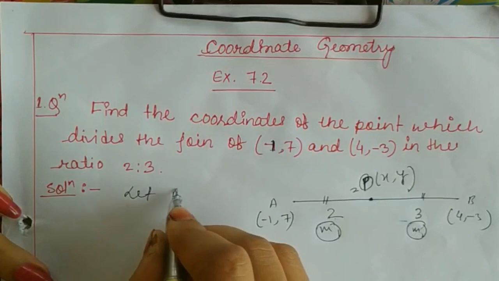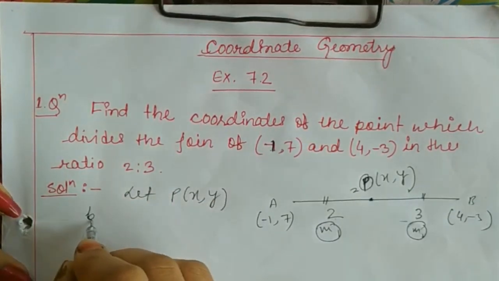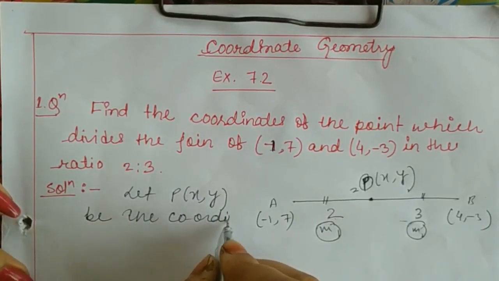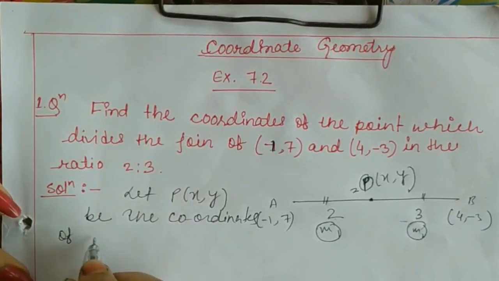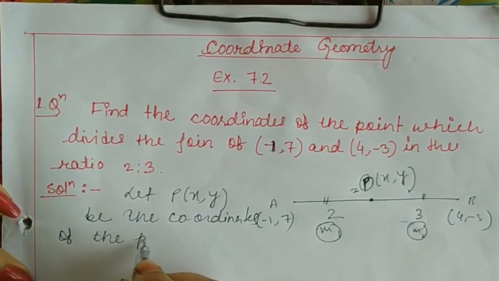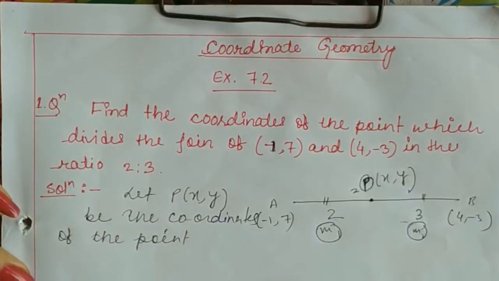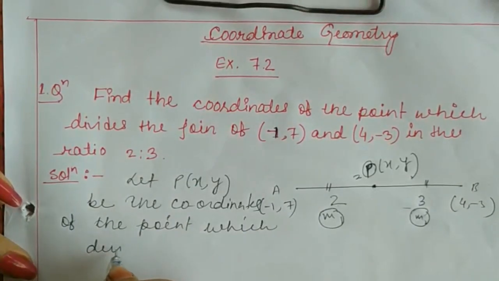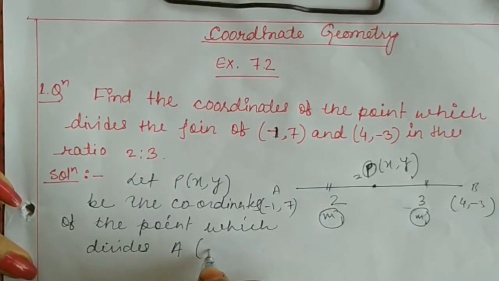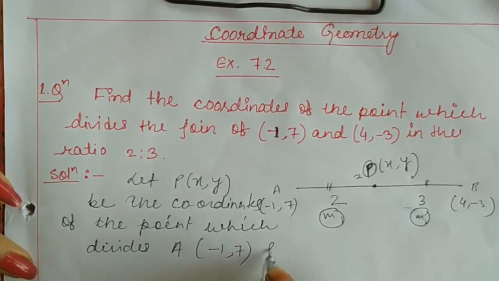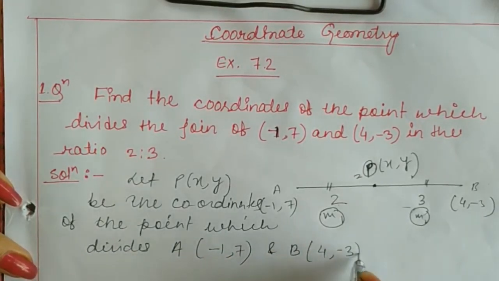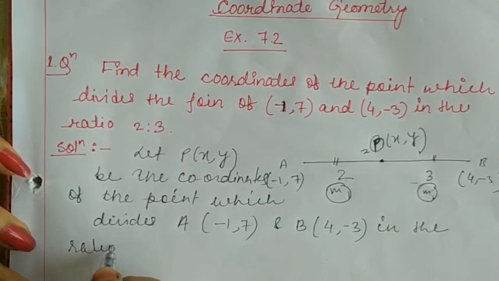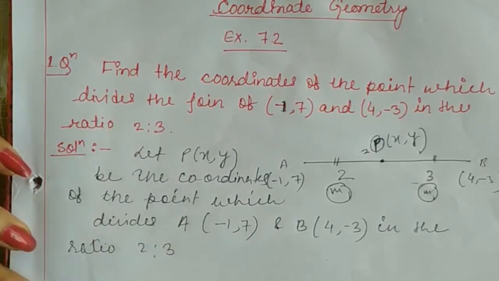Let P(x, y) be the coordinates of the point which divides, suppose A(-1, 7) and B(4, -3), in the ratio 2:3.